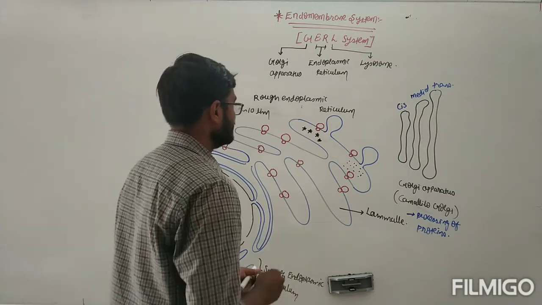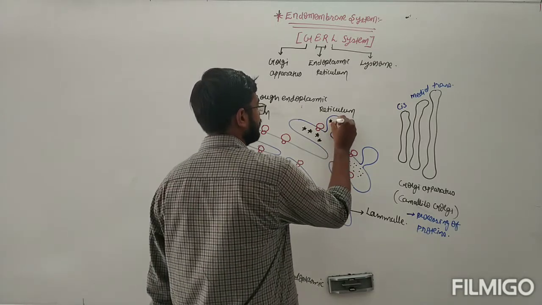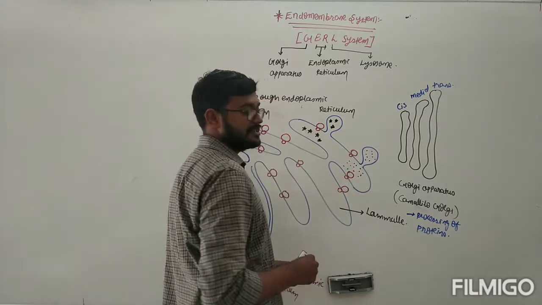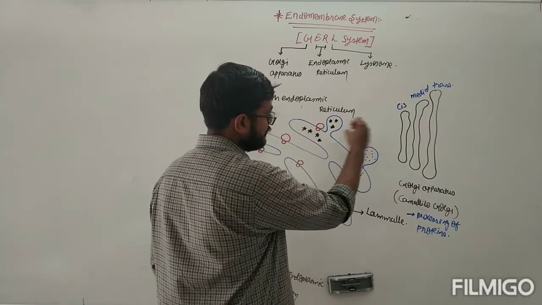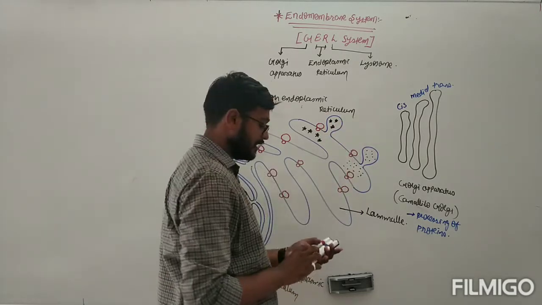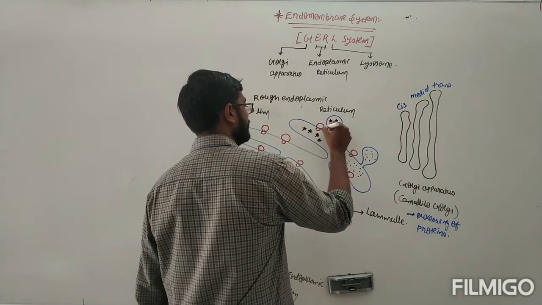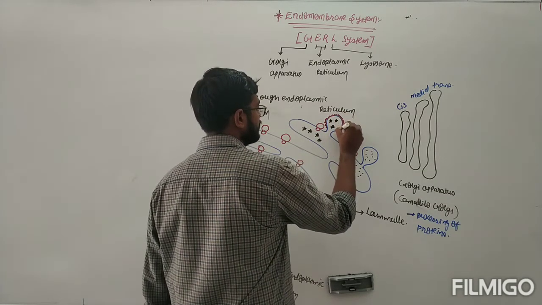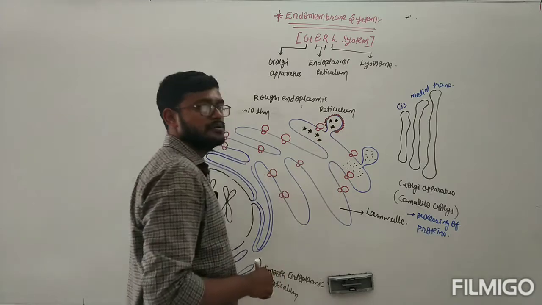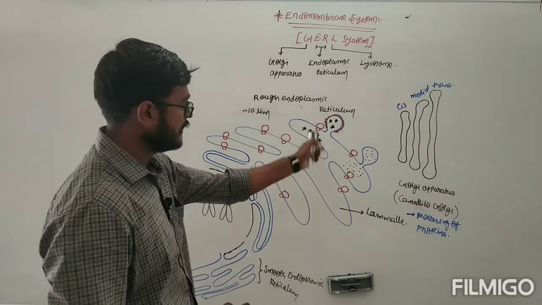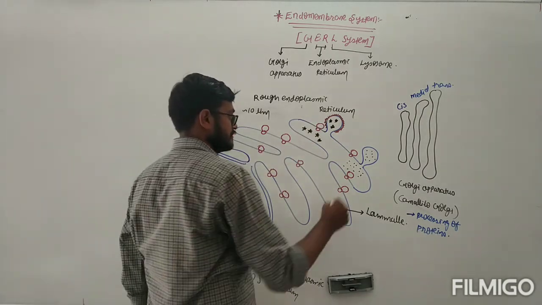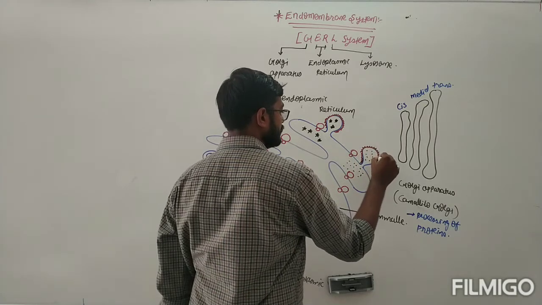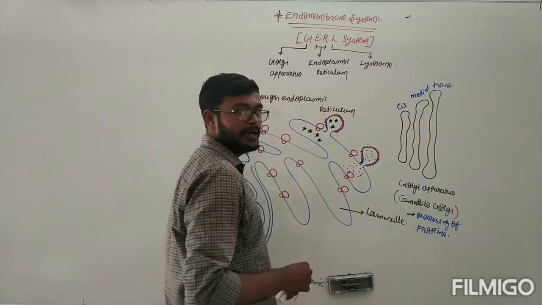And inside these vesicles, both of the proteins are filled. So many vesicles are budded off from the endoplasmic reticulum, and these vesicles are tagged with an address, but this address is only up to the Golgi apparatus. First of all, they have to reach the Golgi apparatus. So here is the address which has to be tagged to reach the Golgi apparatus.